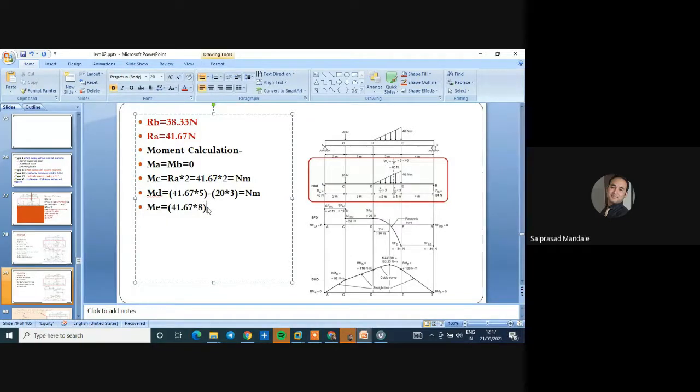Minus 20 into how much? 6. Perfectly correct. Now again minus. Tell me the answer. Intensity. How much intensity? 1/2 into the length. Very good. 1/2 into length into width into how much?